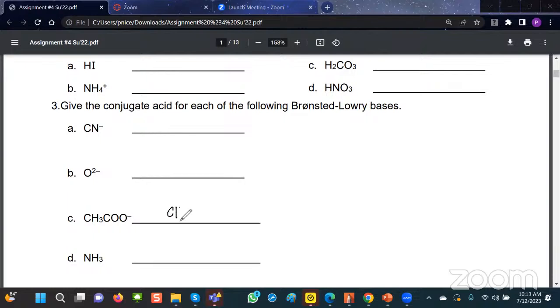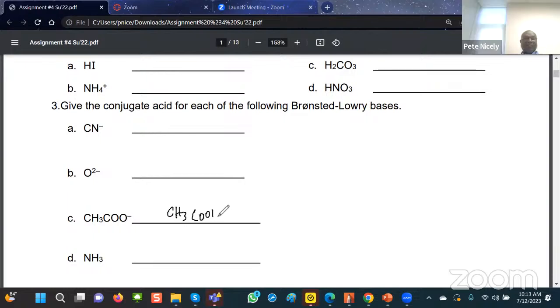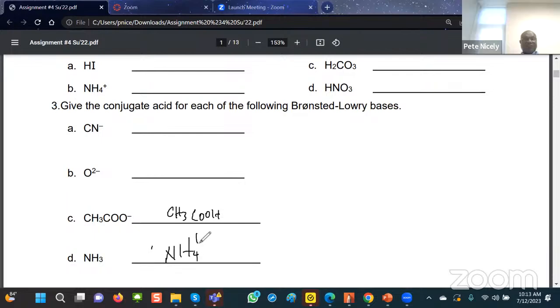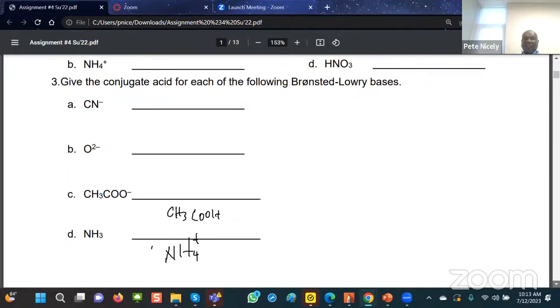Yes, that's indeed correct. And the last one, what would be the answer? NH4 plus. NH4 plus, exactly. All right. So it seems as if you guys have a good idea as to how to determine the conjugate base of an acid and vice versa.